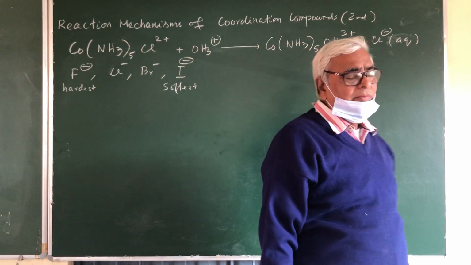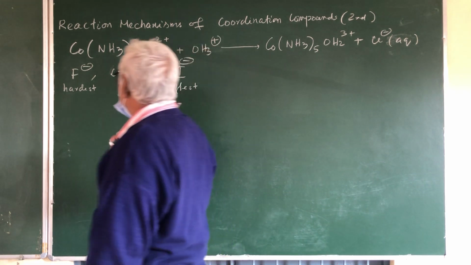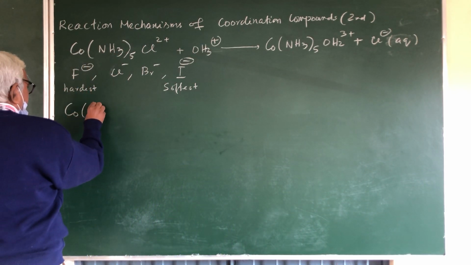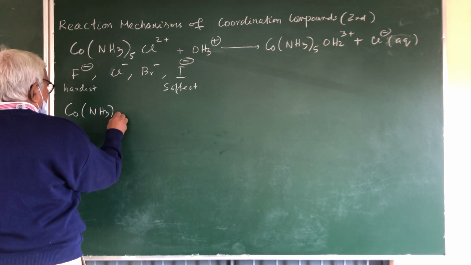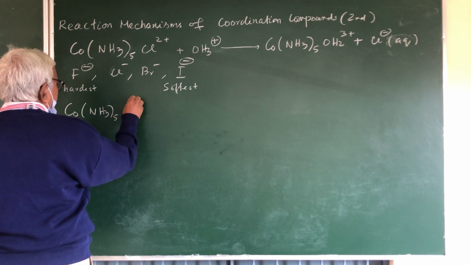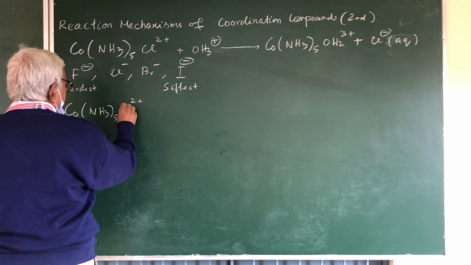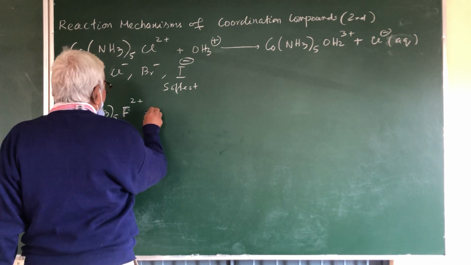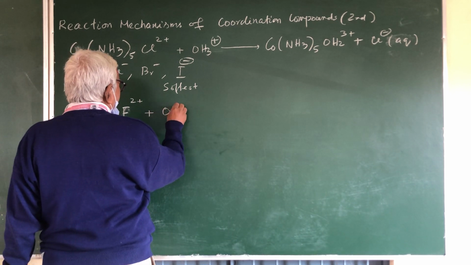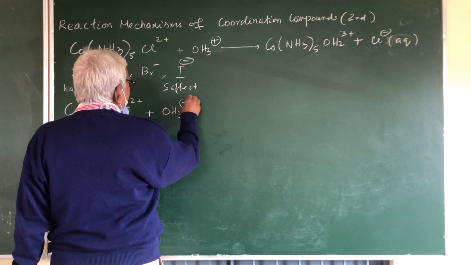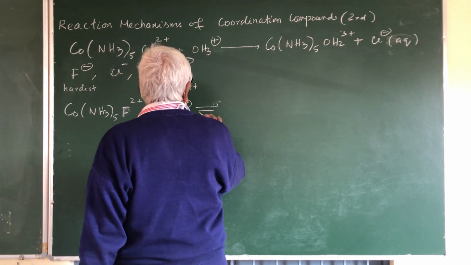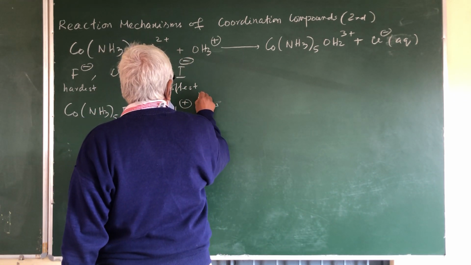So if we start with a complex like this, pentaamminechlorocobalt ion, and if it is allowed to react with hydronium ion, this equilibrium constant is Kh.